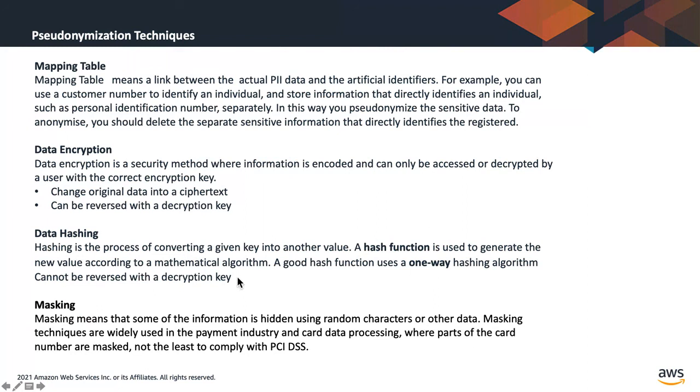This is used for validation and verification purposes. And masking is a very generic term which we can use for the complete mapping table, encryption, hashing, but there are also some masking functions available in the database, like dynamic masking and static masking, that can be used to mask the data using the inbuilt functions of the database, right? So these are the high-level techniques for pseudonymization.